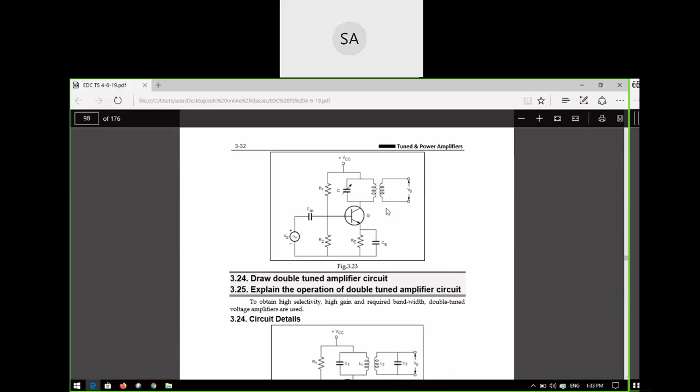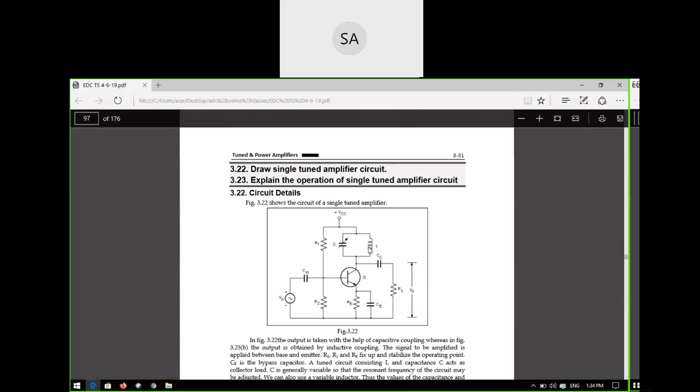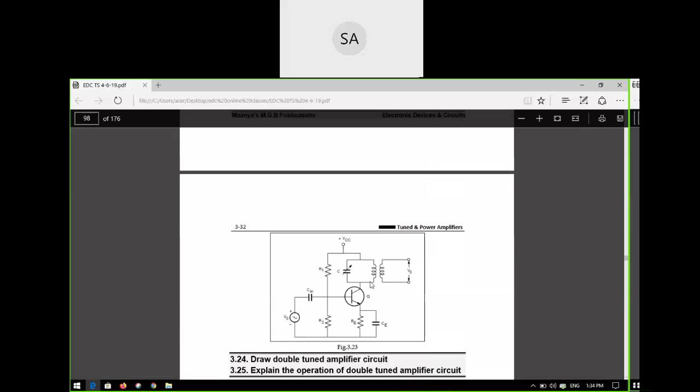So what is the difference here is you are coupling with the other inductor. So mutual coupling is there, it is single coupled. It is mutual coupled, there is no problem with this, because the transformer you are using here works by mutual induction. The output voltage is transferred from the primary winding to the secondary by mutual induction.